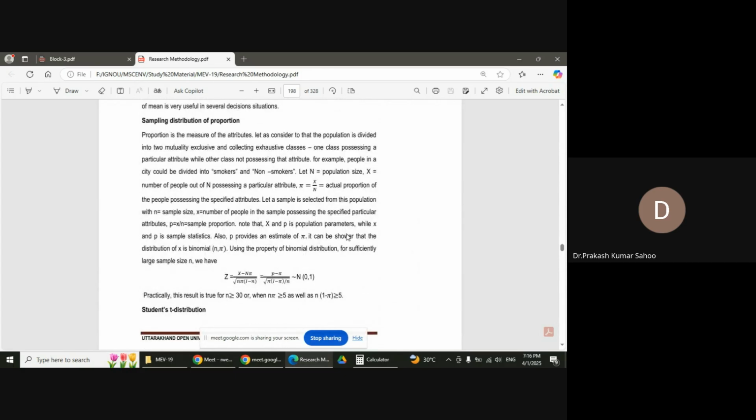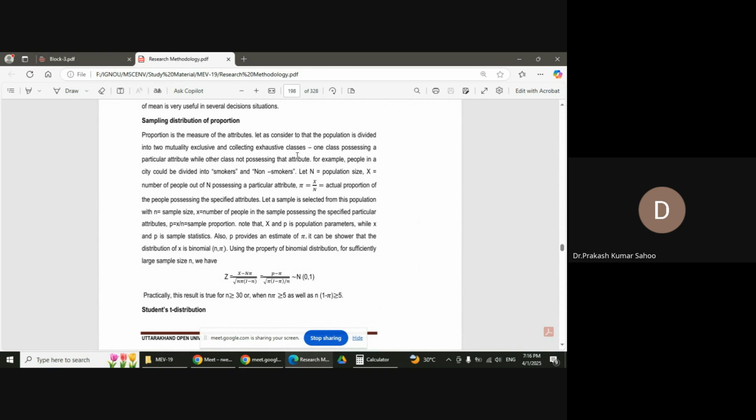Then comes the sampling distribution of proportion. Proportion is a measure of the attributes. Let us say the population is divided into two mutually exclusive and collectively exhaustive classes.